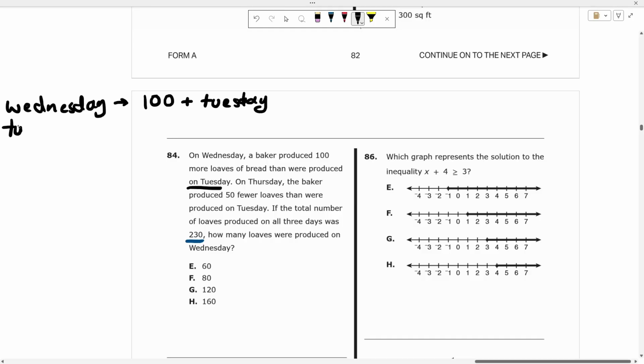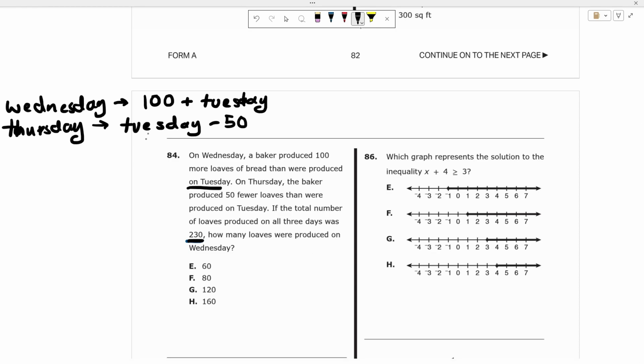So on Thursday, they had a less productive day. Let's say they had issues with the supplies, and they made 50 fewer loaves than on Tuesday. So you're taking however many breads they made on Tuesday and subtracting 50 from it. If the total number of loaves produced on all 3 days is 230, how many were produced on Wednesday?